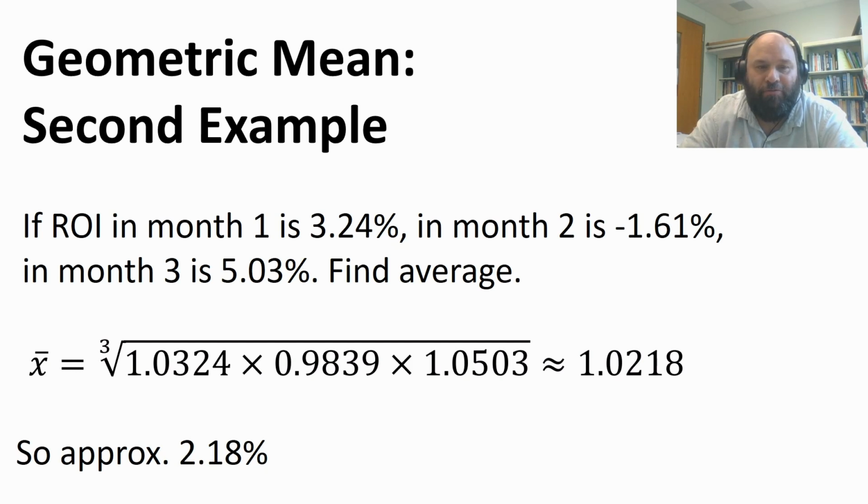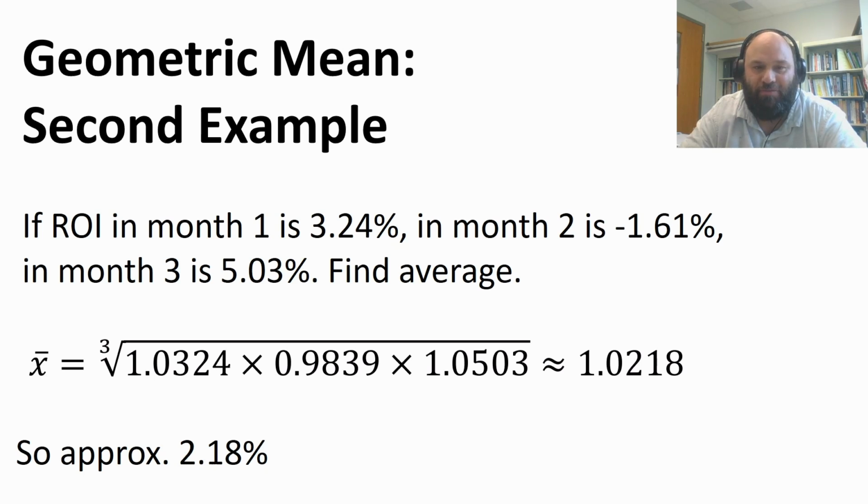The 1.0324 is 1 plus 3.24%, with 3.24% written as a decimal, 0.0324. The 0.9839, well, that comes from adding 1 to the negative 1.61%. Recall we write that as a decimal, negative 0.0161, and add that to 1.